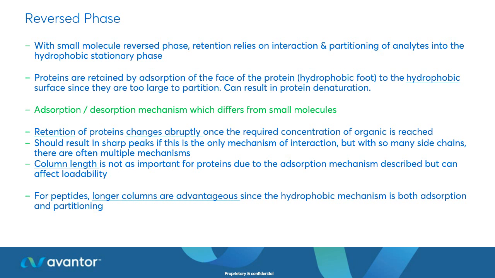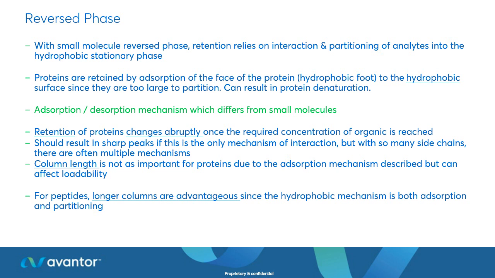It's different from small molecule reverse phase because it's not the same partitioning that happens. So you've got a small molecule and you've got a C18 column, you tend to get a lot of partitioning and interaction of the small molecule with those hydrophobic C18 chains within the column.